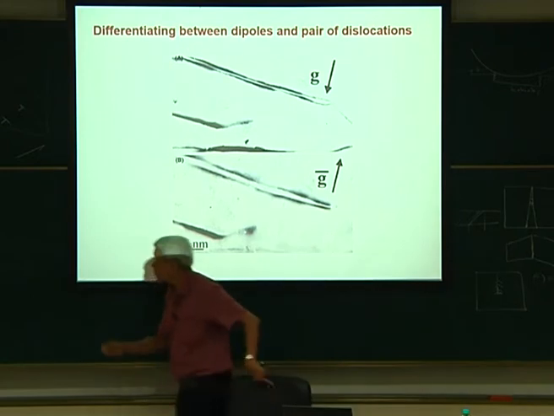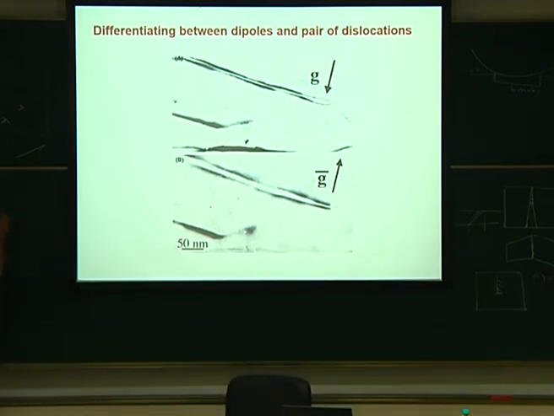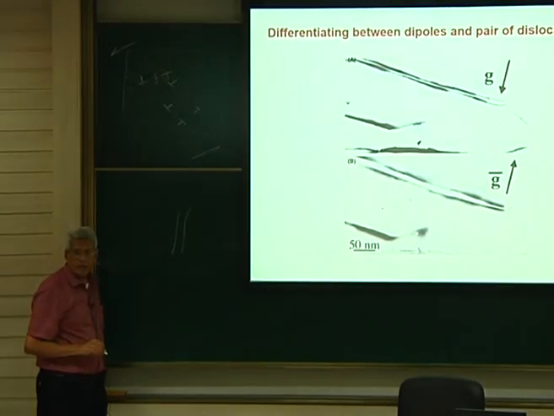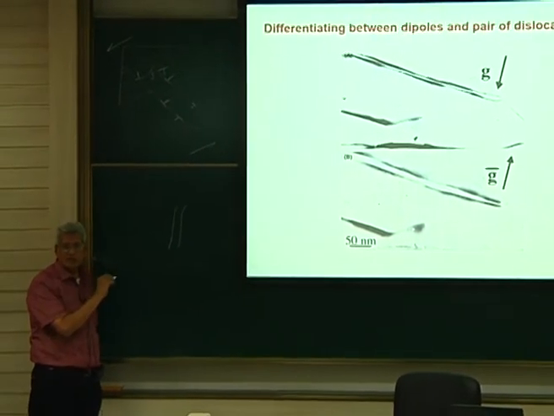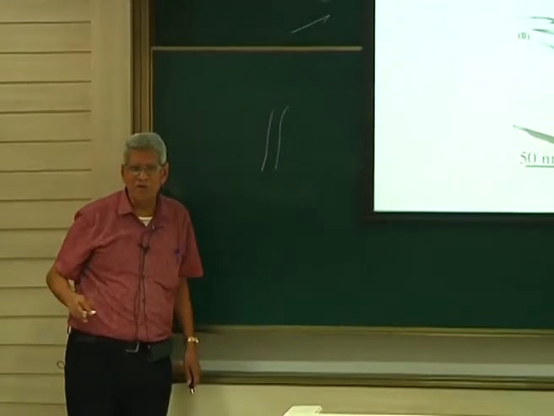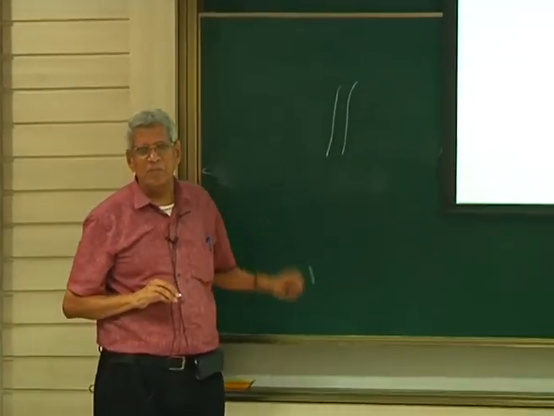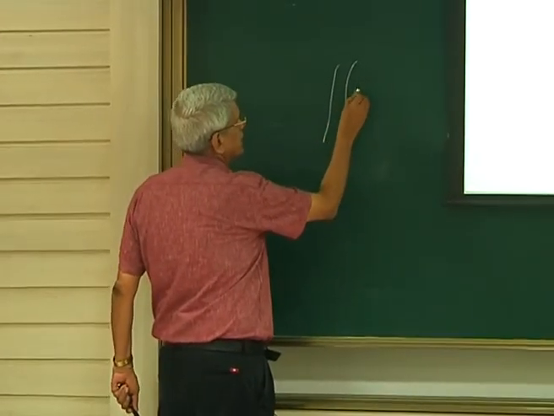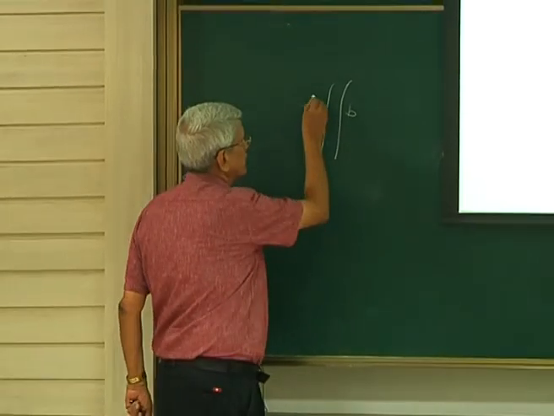So in that case also we see two dislocations. What is the difference between two dislocations in a dipole, and what will be the nature of the Burgers vectors? One will be B, another will be minus B, correct?